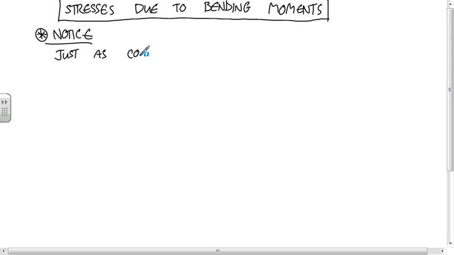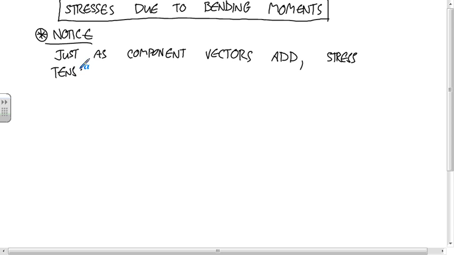Just as component vectors add, stress tensors due to individual loads add element by element.